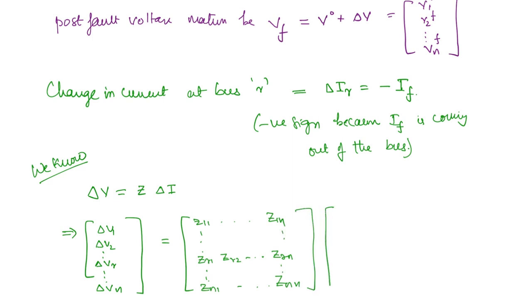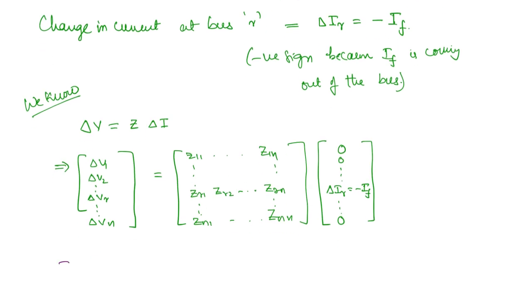Now what about the change in currents? Only the rth bus current is going to change. Everything else there is no change. So you are going to have 0, 0 so on till delta IR, which is minus IF, and so on till 0. If you write the equation for the rth row, delta VR is this row into this column.